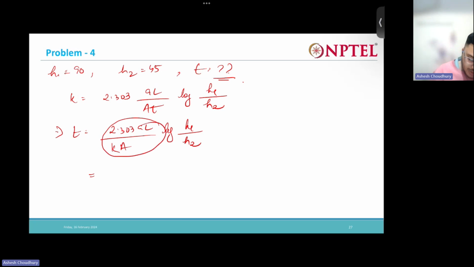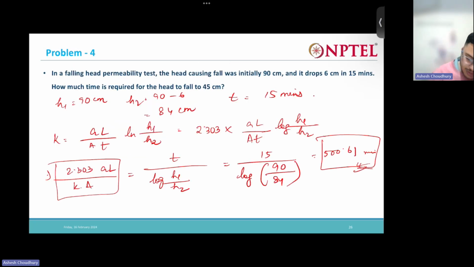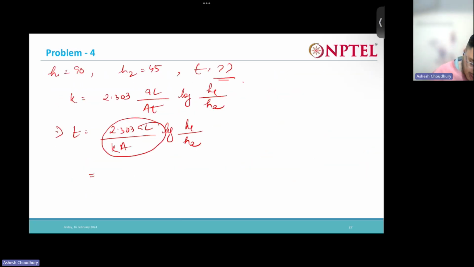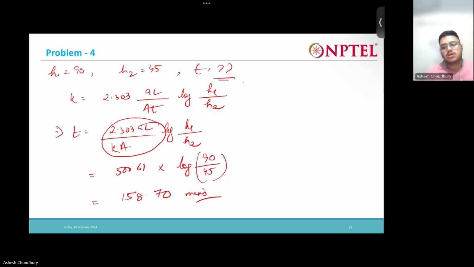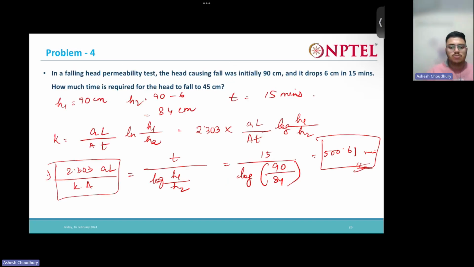So this one you already know from here. So write the value, log of 90 by 45. So this is going to be 158. Okay, this is how we do this.